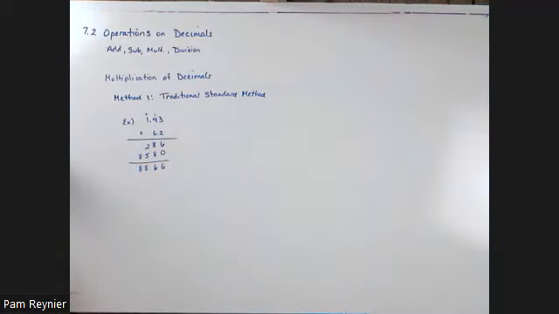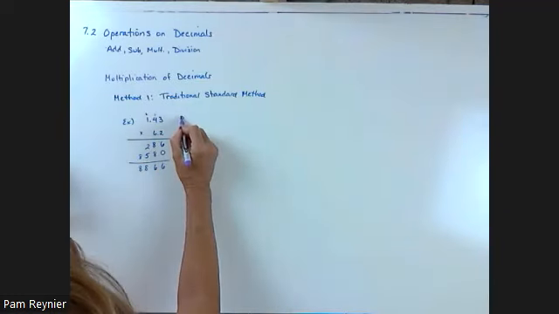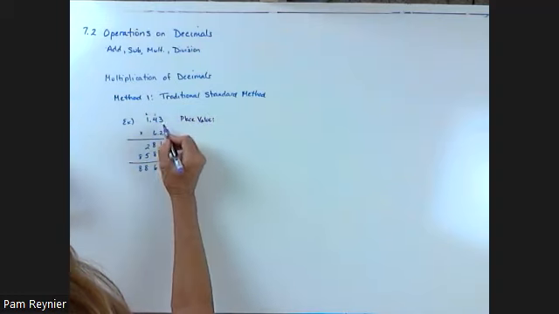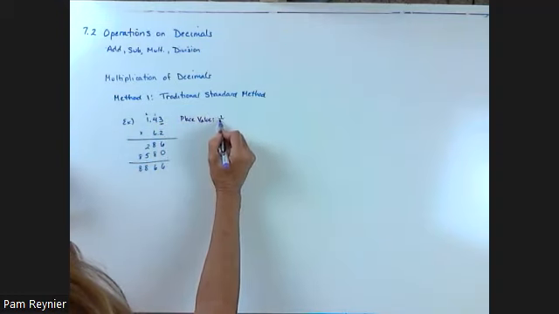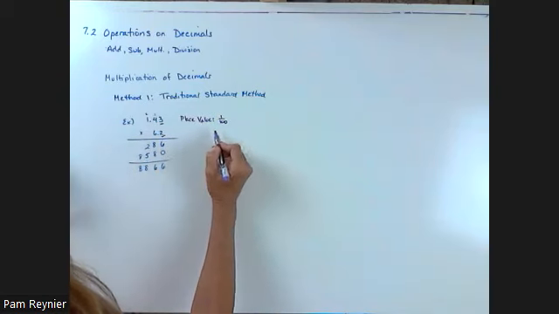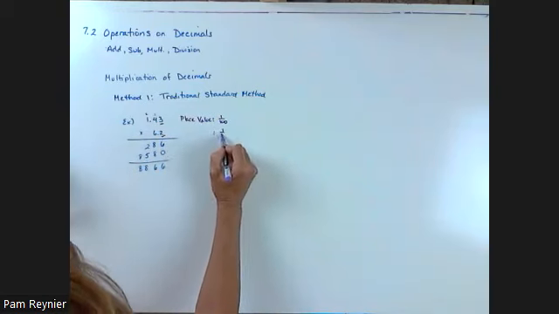And now the question becomes, where do we put the decimal? Well, think about your place value. Here, your place value is in the hundredths column. This second factor has a place value in the tenths column.